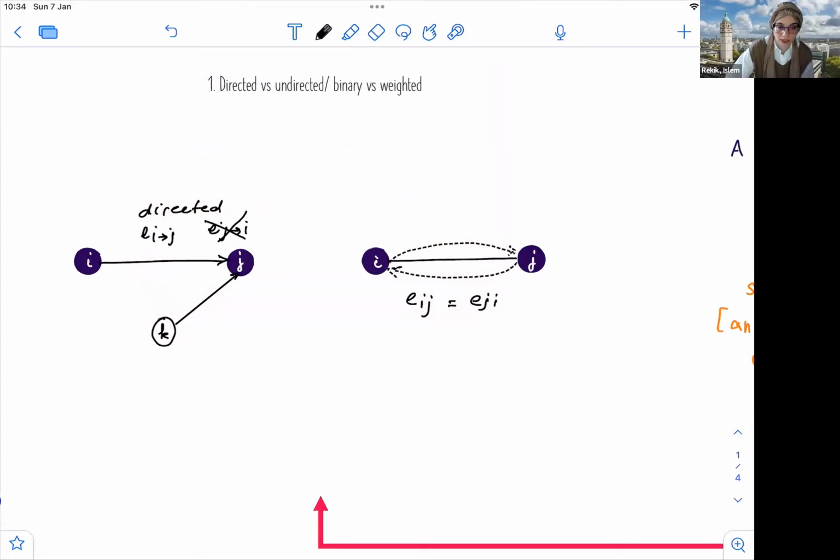The other direction doesn't exist. Undirected graphs are very easy to process because you either have a connection or not. You don't care about the directionality of the connection. So I can add a bunch of connections here, and all of them will be undirected. It means all of them are connected in opposite directions, okay?